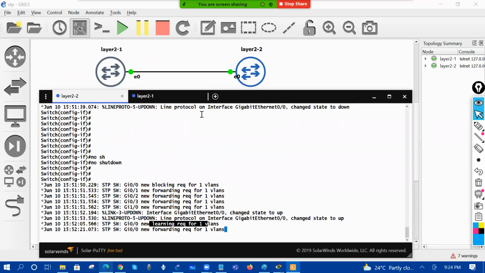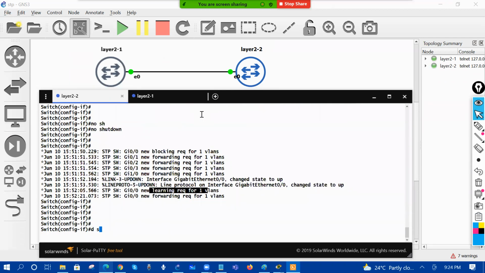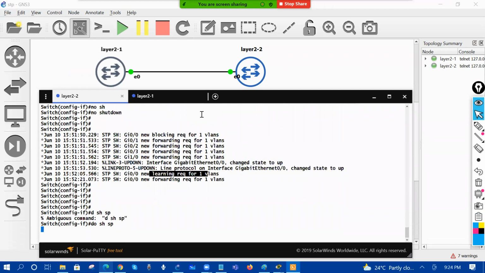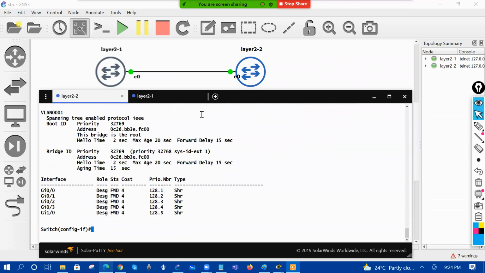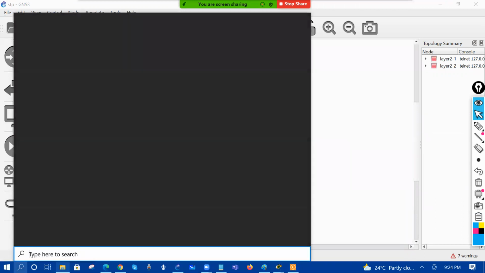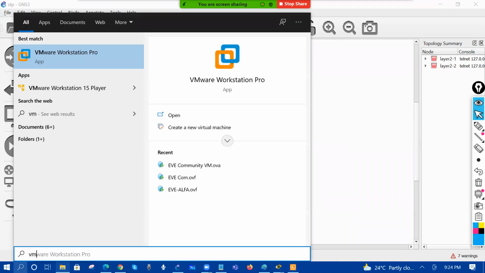One minute. Let me check what protocol is enabled for spanning tree. GNS3 will sometimes not show you the proper output of the spanning tree protocol.